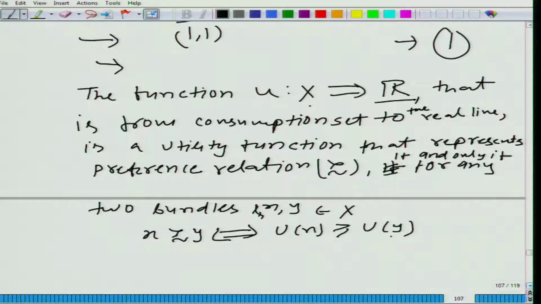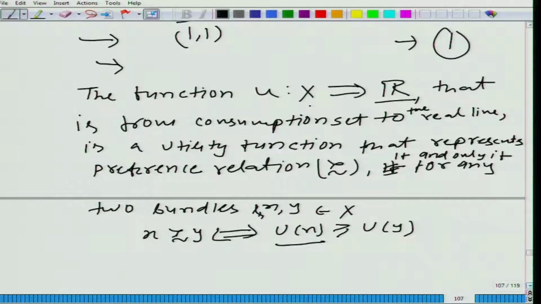So the function u from the consumption set to the real line is a utility function representing the preference relation if and only if, for any two bundles from the consumption set, if x is at least as preferred as y, then we get u(x) is greater than or equal to u(y). Other way around, if u(x) is greater than or equal to u(y), then x is at least as preferred as y.